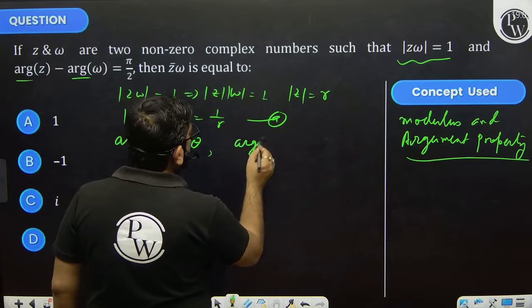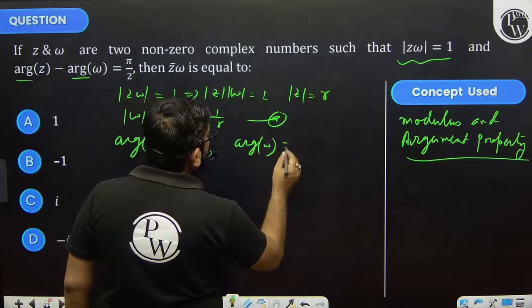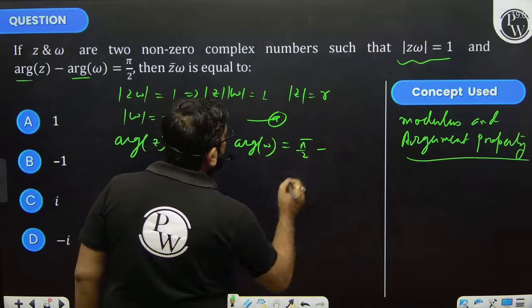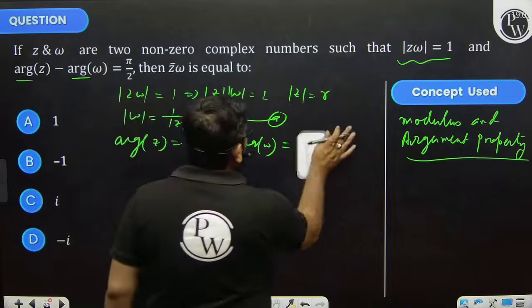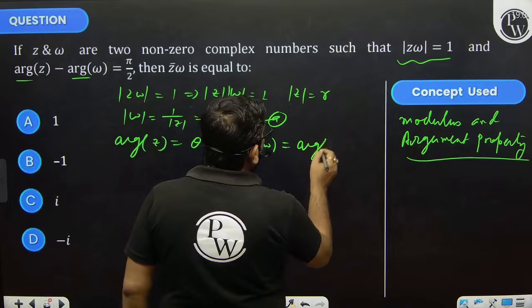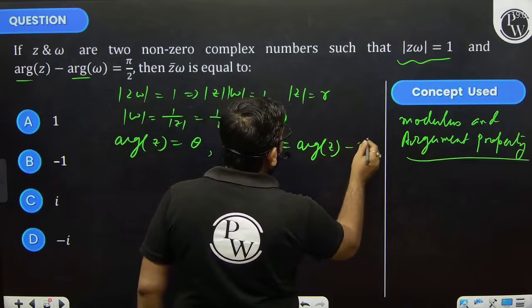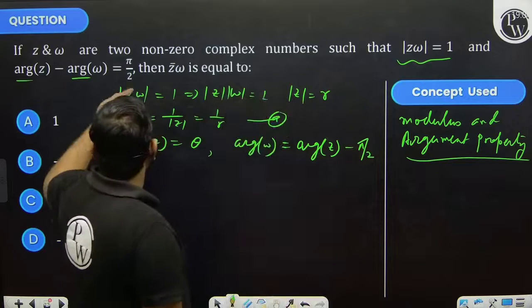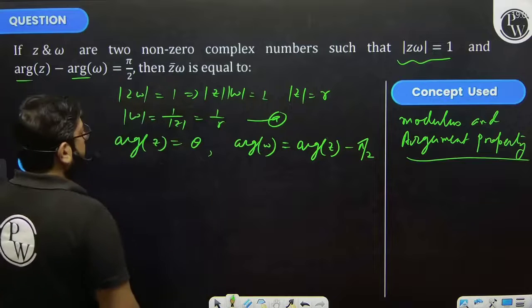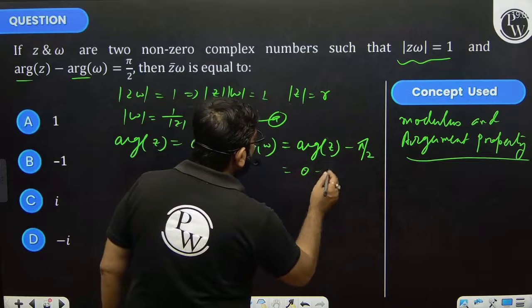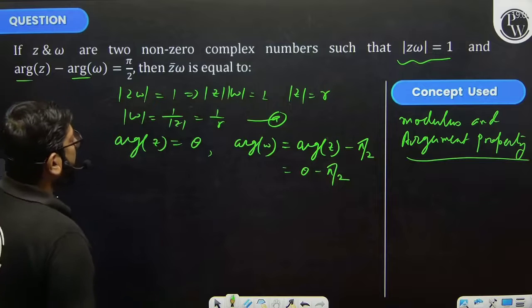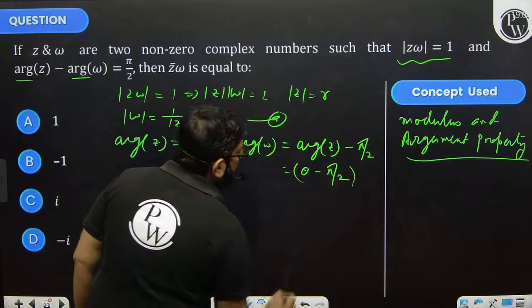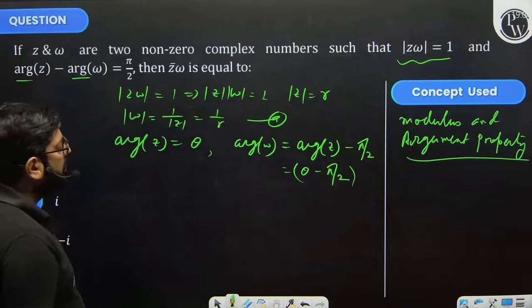Argument of w will be argument of z minus pi by 2, that means theta minus pi by 2. Clear? No problem. This is the relation between the arguments of z and w.